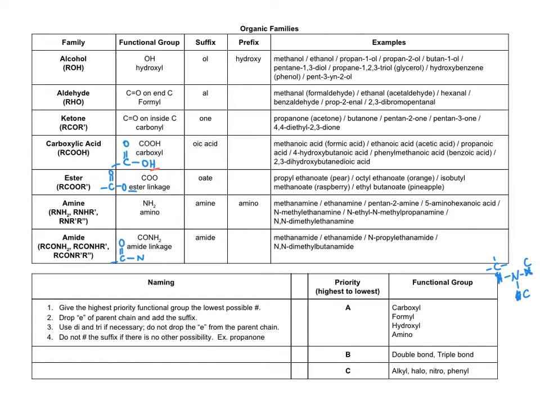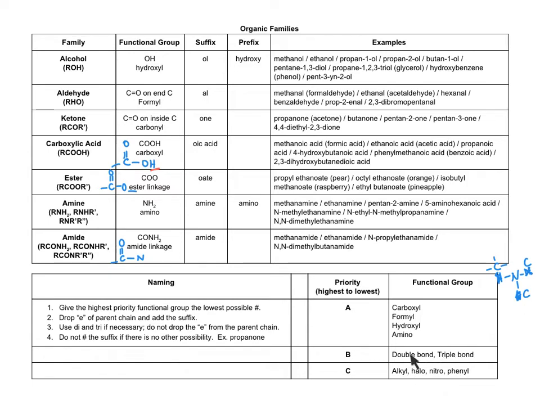All right, and the last box here on the bottom right gives you the list of priority. So I've organized this in three categories, A, B, and C. So anything in A is higher priority than B, right? And B is higher than C, which means that your alkyl, halo, nitro, and phenyl groups, which you were introduced to early, those are the lowest priority. So when they're present, we just name the structure as alkanes with these side groups, and you've been doing that all along.